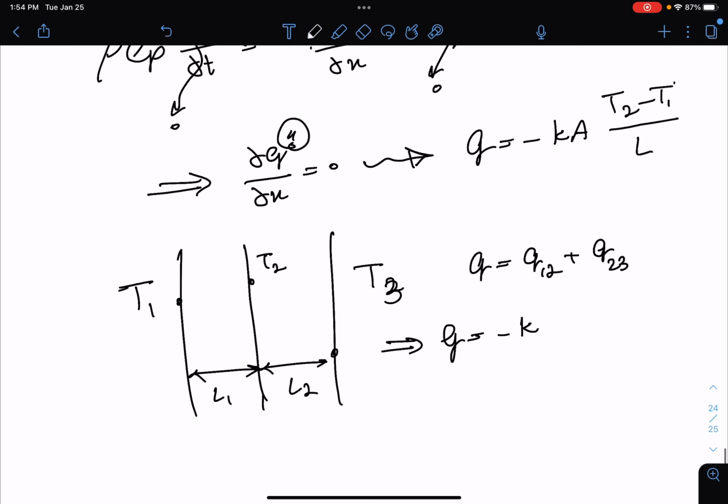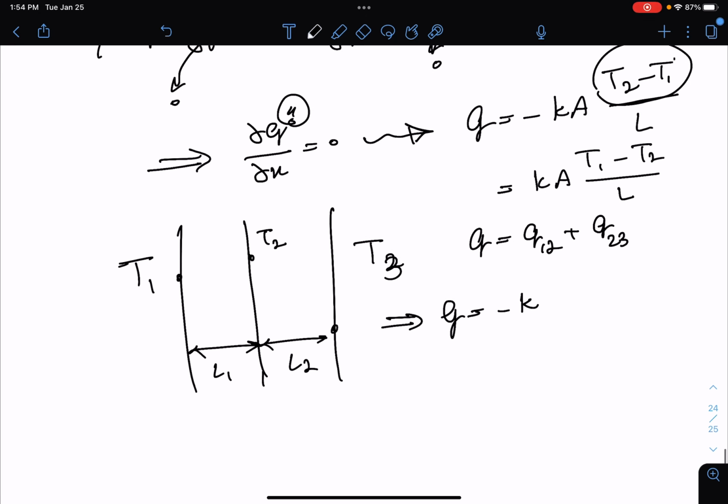Let's bring this negative sign inside, since we are dealing with this linear case. So let's rewrite this as T1 minus T2 divided by L, just to have a positive sign. So it's going to be negative K, and this is K1, K2.